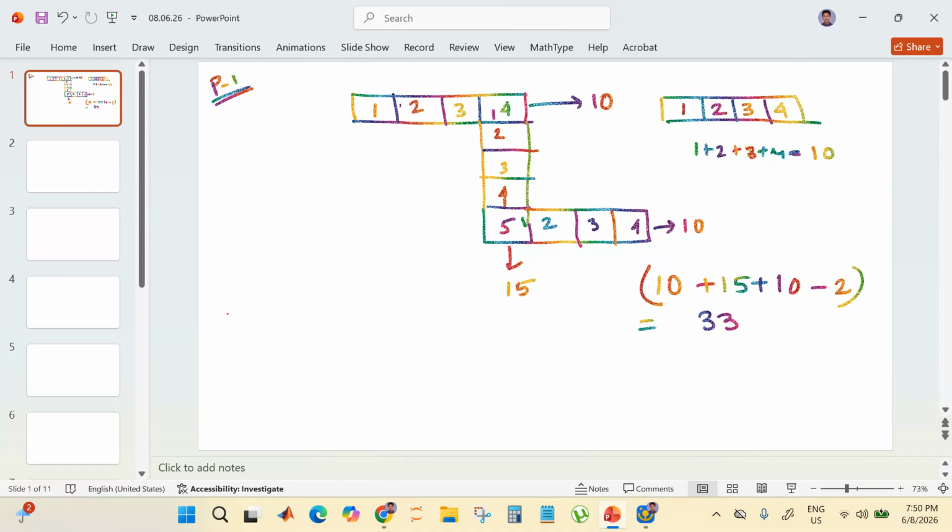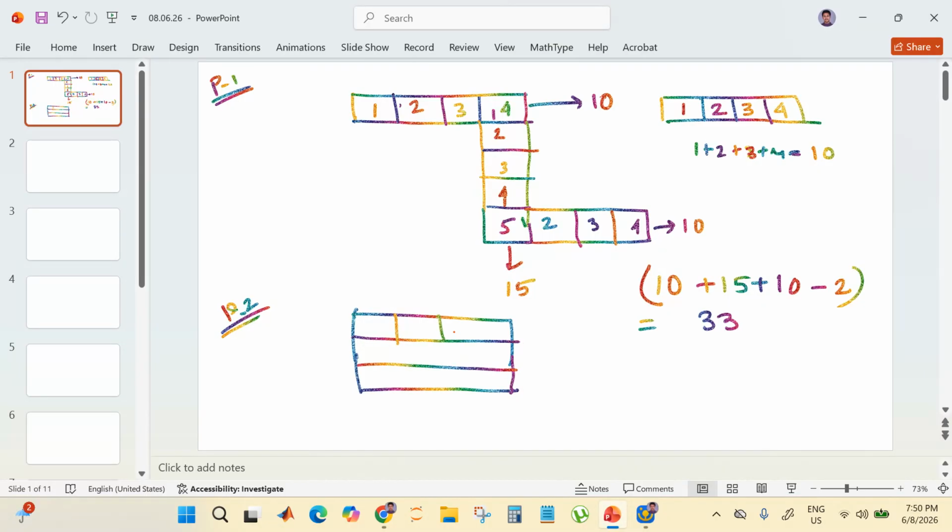Okay. So if I ask another problem, now tell me, how many rectangles are there?